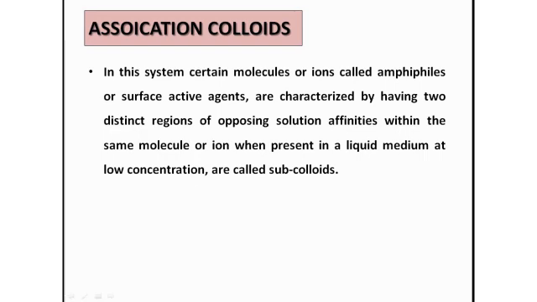And since it also has a non-polar region, it will have affinity towards the non-polar solvent. So the amphiphile has a polar end, the head, and a non-polar end, the tail.